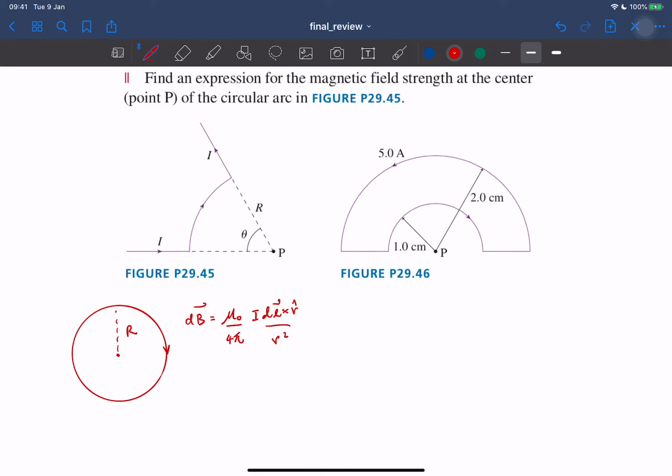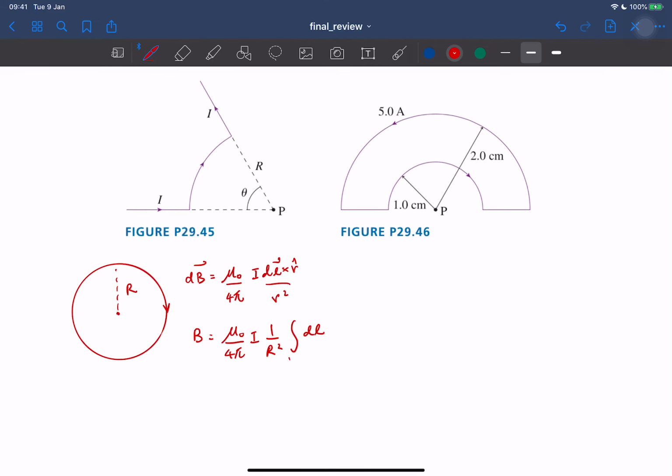The total magnetic field is just integrating this, 1 over r squared, and the integral of dL is the whole length of the circumference, which is 2 pi r. So the magnetic field at the center is mu0 I divided by 2r.